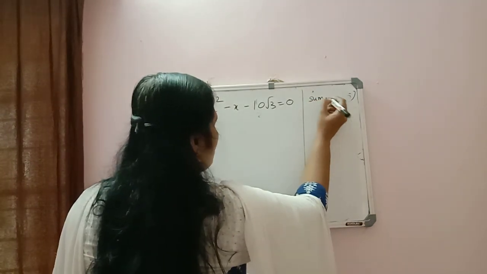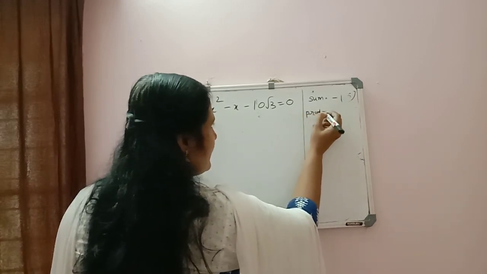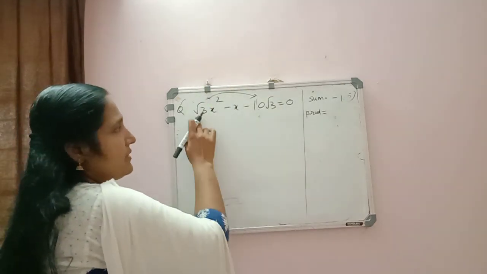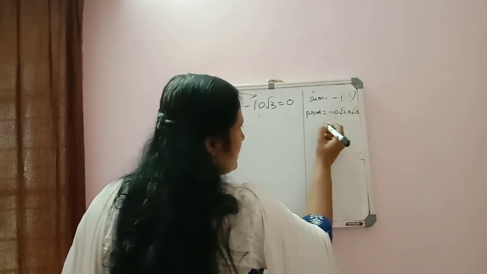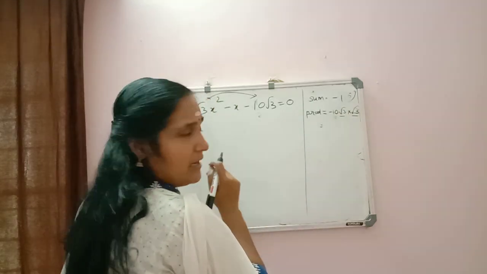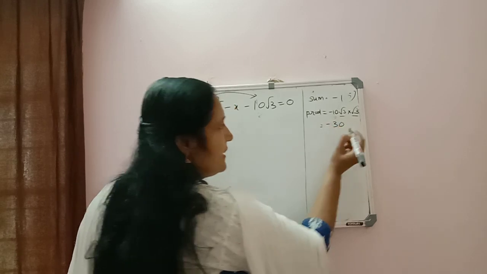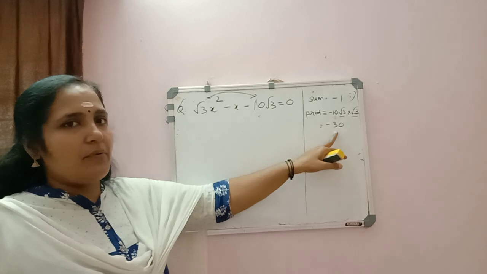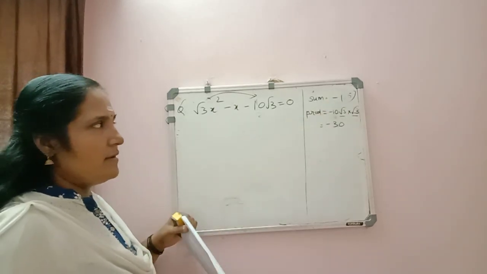Sum should be equal to minus 1 and product should be, now we are multiplying, minus 10 root 3 into root 3. Irrational numbers will get multiplied. Root 3 into root 3 will become 3. Minus 10 into 3 will be equal to minus 30. So we need two numbers whose product is minus 30 and sum is minus 1.